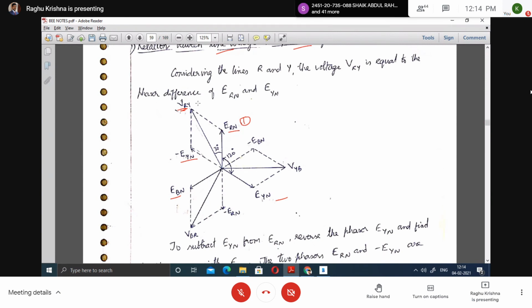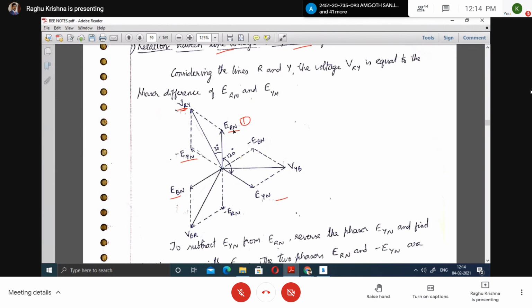Okay, first you have to draw ERN, taking some fixed length. With the same length draw EYN with 120 degrees phase shift. Next draw EBN with the same length but 120 degrees apart.